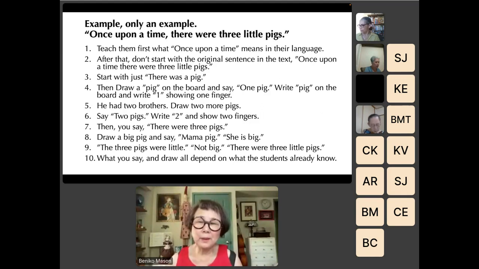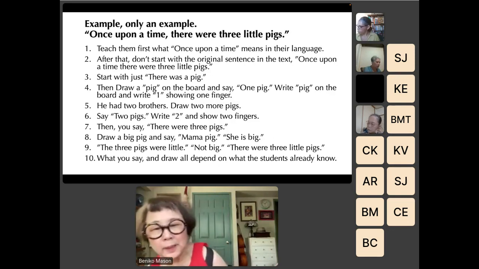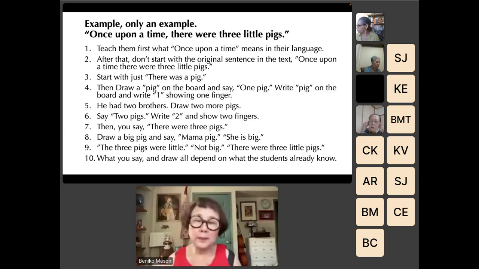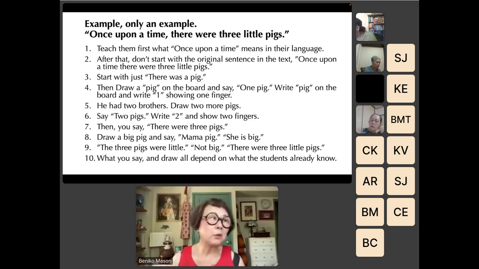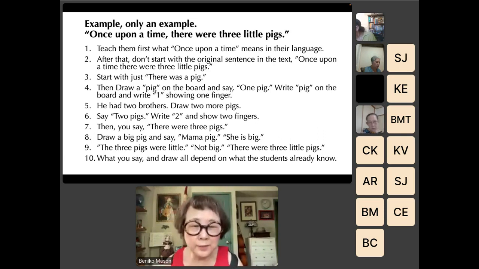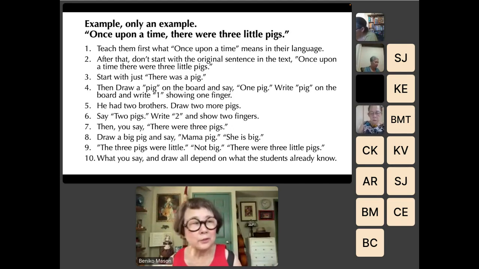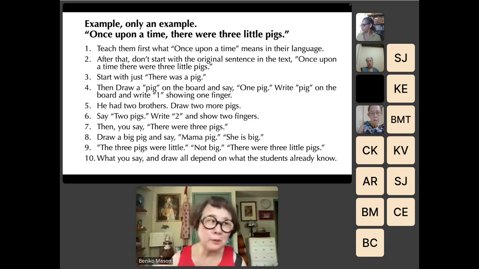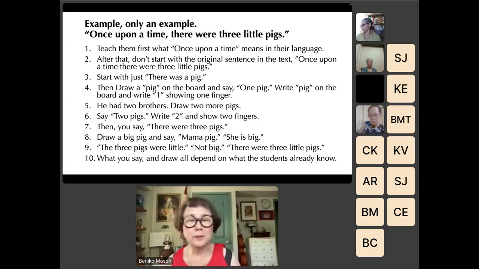And then little, I write down little and not big at the same time, and make it comprehensible that little and not big are the same thing. And I'm hoping that students already know big, but then I already drew a picture of a big mama pig, and I'm showing the big mama pig and the smaller pigs, which are little pigs.